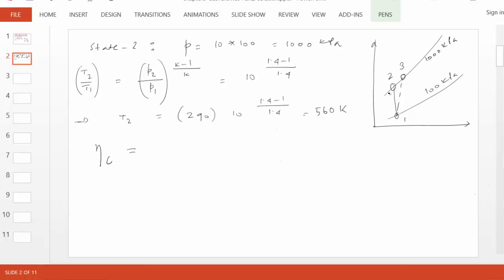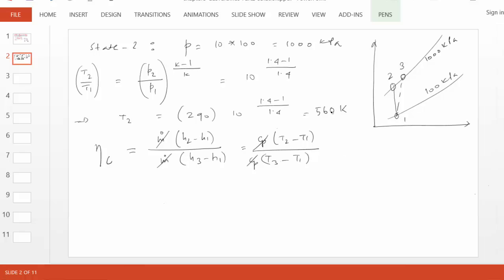The ideal compressor power, which is m dot (H2 minus H1), divided by the actual compressor power, which is bigger, m dot (H3 minus H1). And that simplifies to T2 minus T1, since Cp gets cancelled in the PG model.